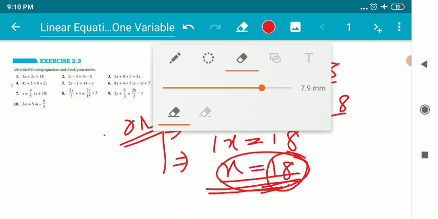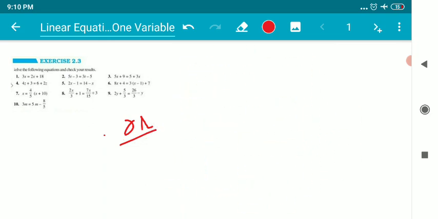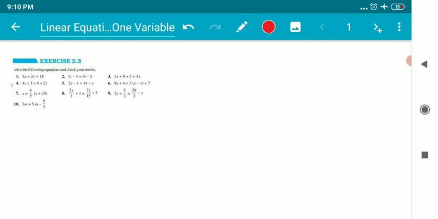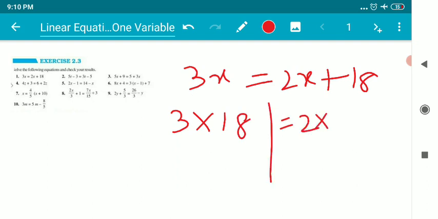Let me clear my screen a bit. So the question was 3x equal to 2x plus 18. Children, the value of x I got is 18 only. So I'll multiply 3 into 18, and here I will multiply 2 into 18 plus 18.